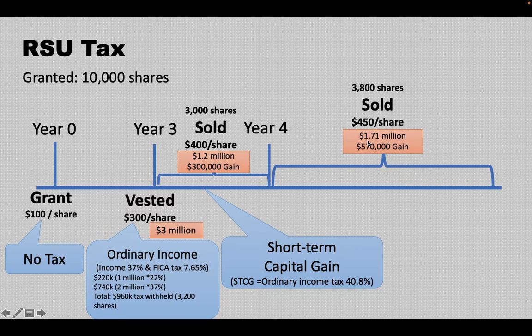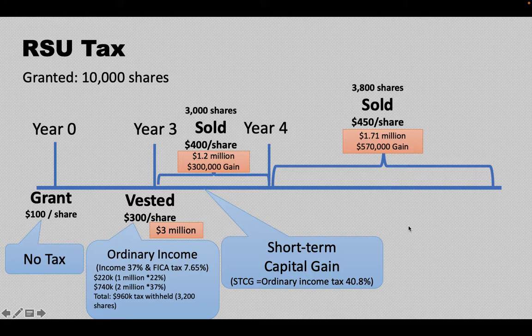Later, Adam sold 3,800 shares after 1 year. So the proceeds are $1.71 million. Then the gain is $570,000, calculated by $450 minus $300 per share, times 3,800 shares.